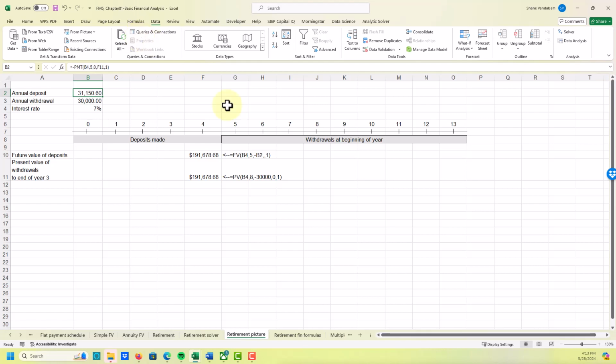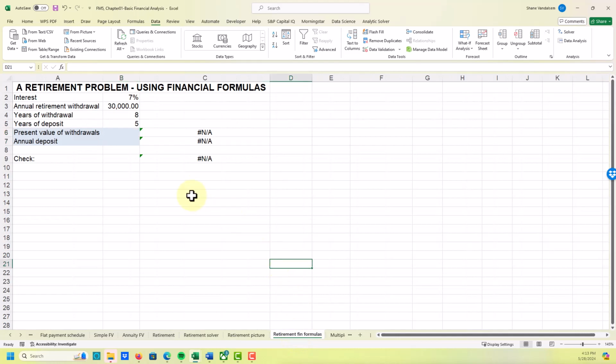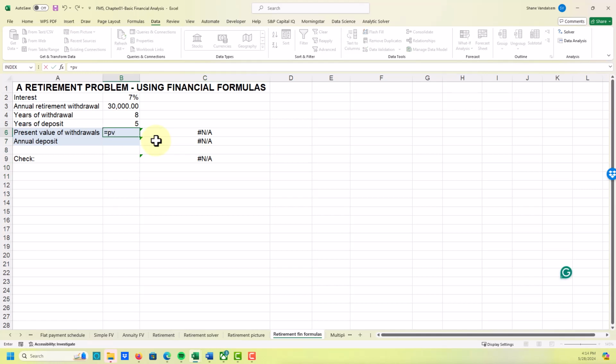So now let's go to the next spreadsheet and finalize everything by putting in, again, those equations that I just described for you. The present value of the withdrawals. So we start with the present value function. Our rate is our 7%.